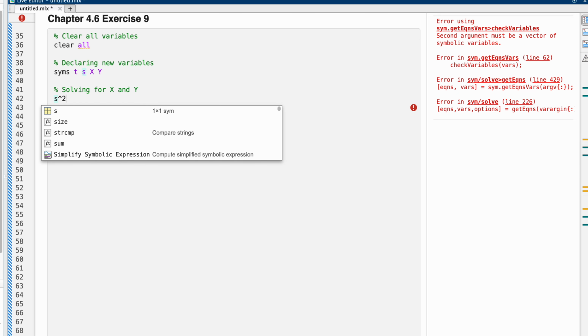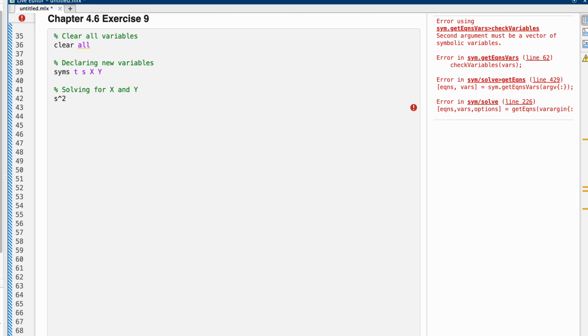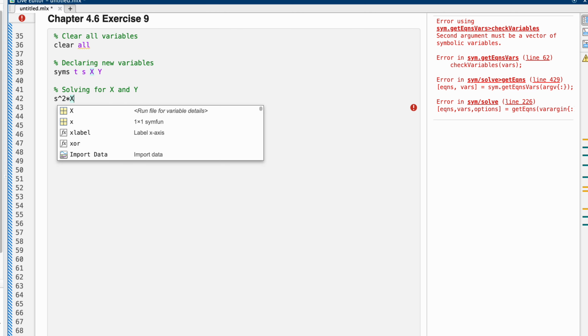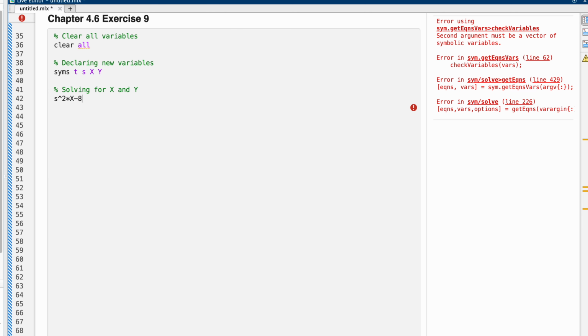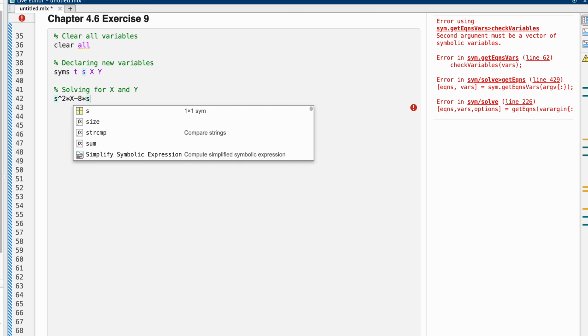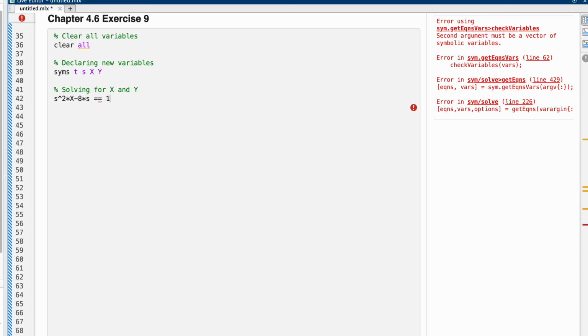We got s squared times big X minus 8 times s, and all of that is equal to 1 over s to the third plus 2 over s squared.